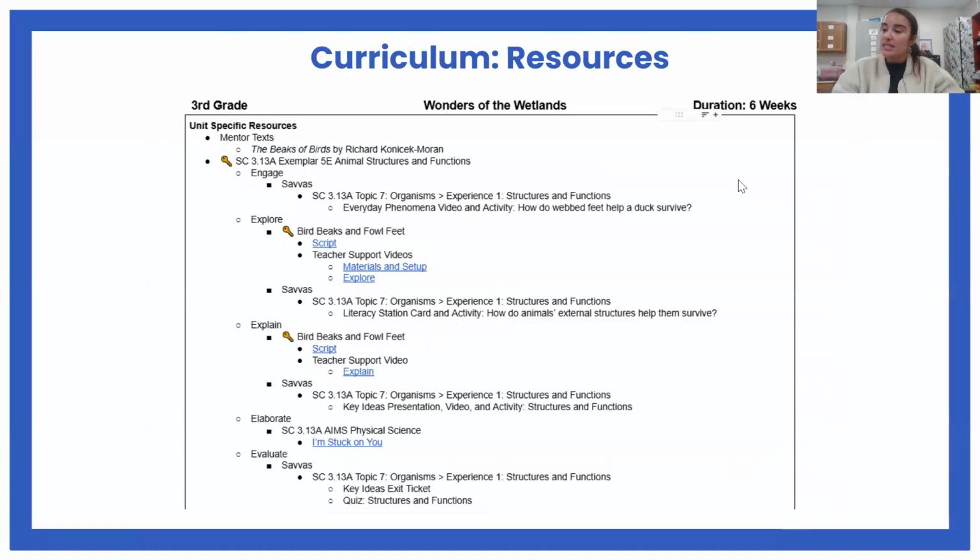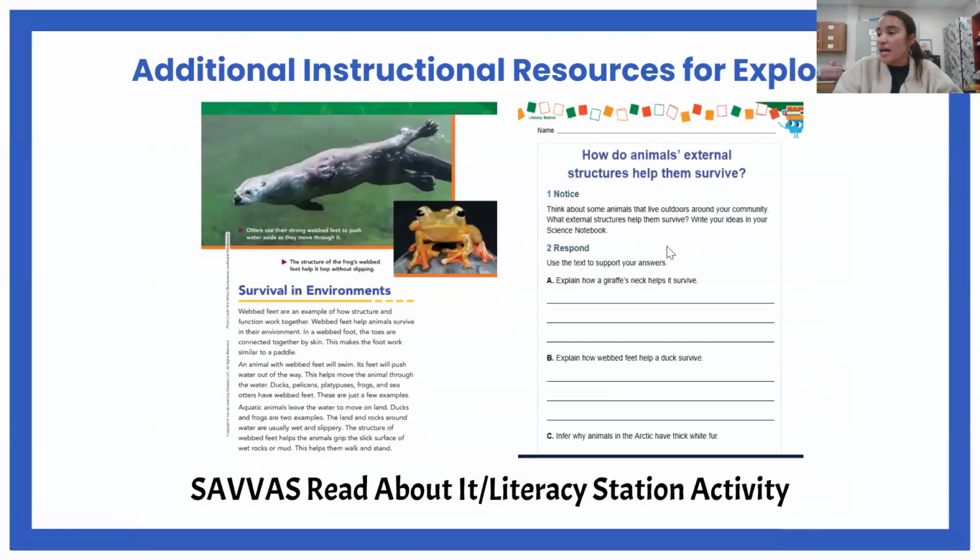In the resources in your curriculum document, there is an exemplar 5E for animal structures and functions. Our model lesson today was really focused on the explore and explain for bird beaks and fowl feet, which included the bird beak buffet and the adaptations for the birds with the pictures and the booklet. But there are also other resources available in Savvas to help you with this learning target.